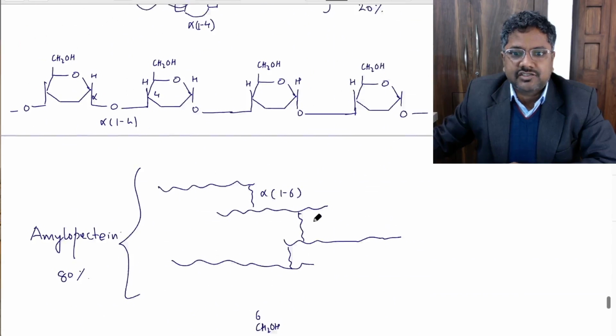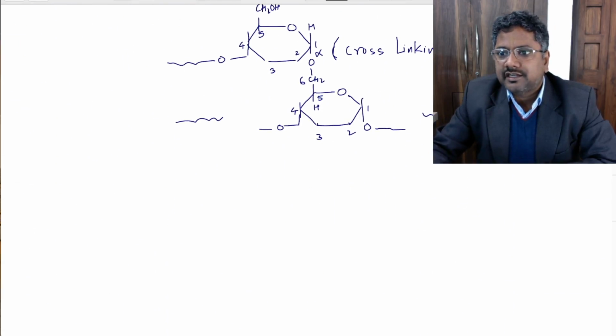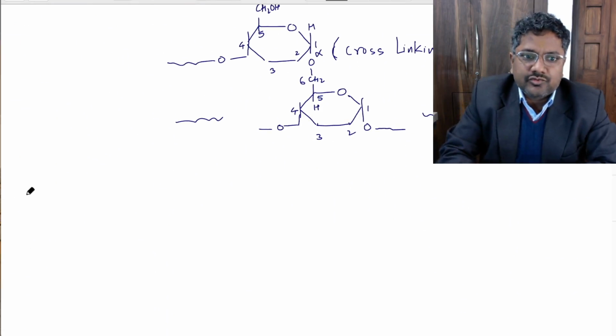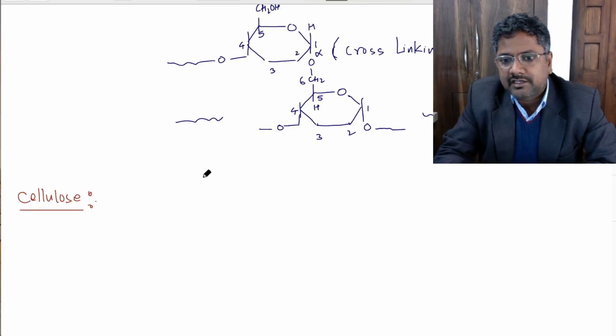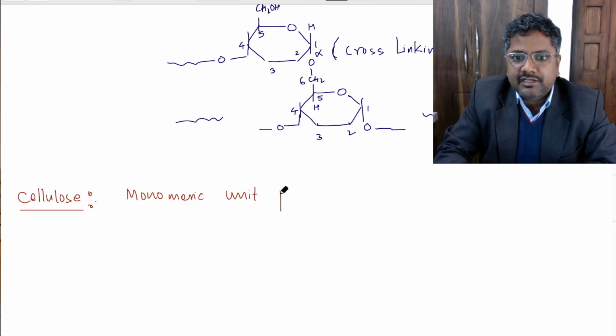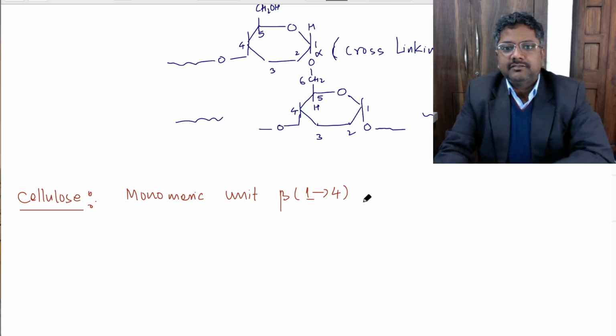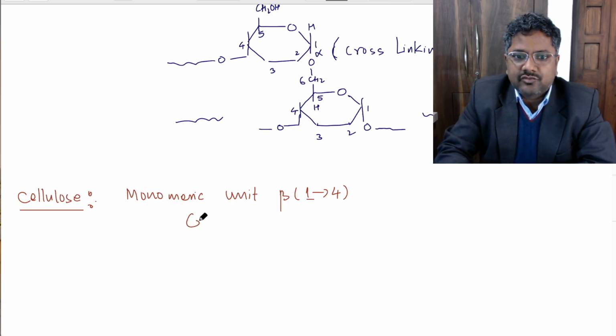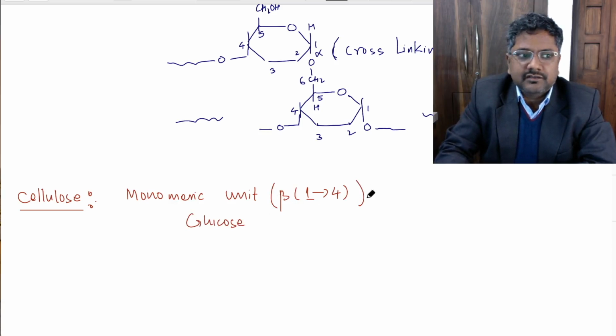So this is all about starch. Now come to the next, that is cellulose. Cellulose is also a polysaccharide, and the monomeric unit is glucose, and the linkage is beta 1,4.